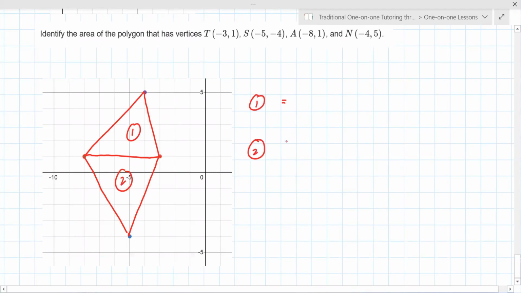Again, they're just 1/2 base times height. There's nothing unusual about them.